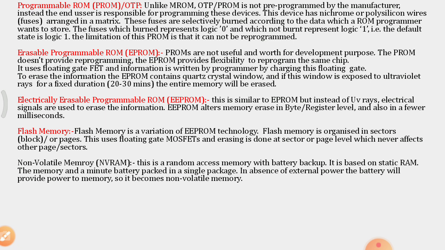The limitation of this PROM is that it cannot be reprogrammed. So PROM is also similar to the MROM, but instead of programming in the place of manufacturer, a programmer can burn his own program by himself, but that too only one time.